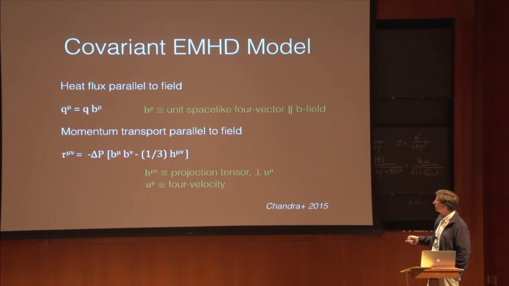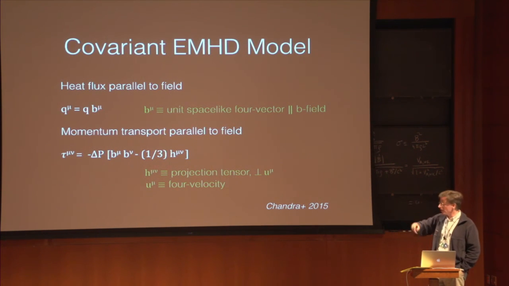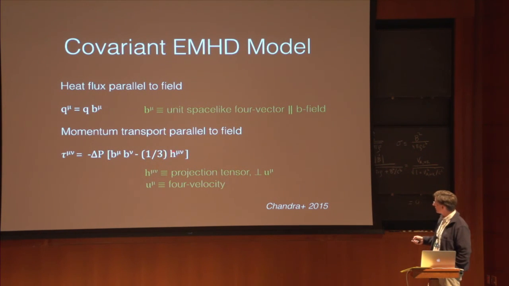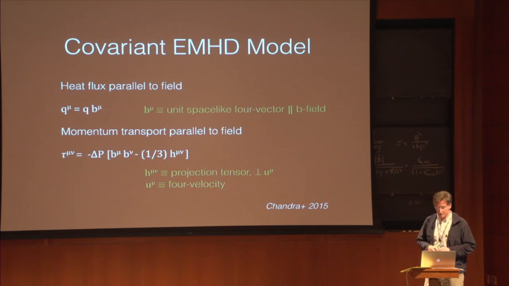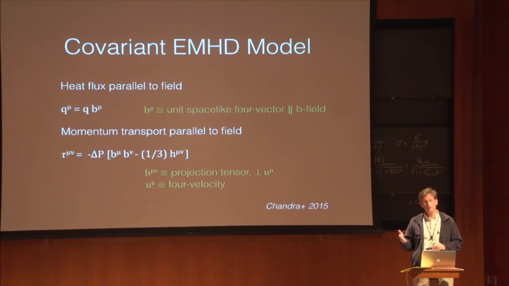And so that leads to this definition for the stress energy tensor, which includes a projection operator parallel to the field lines, and then a projection operator here, which makes sure that these stresses exist only in the hyperspace perpendicular to the 4-velocity. Okay, so it's the space components rather than time. We don't want to introduce any time components here. So this will go over to the Braginskii stress tensor.